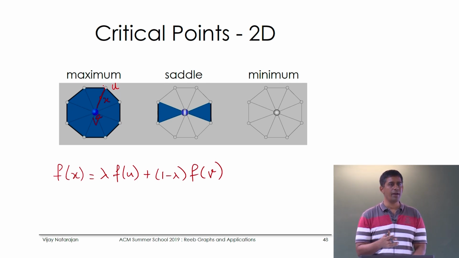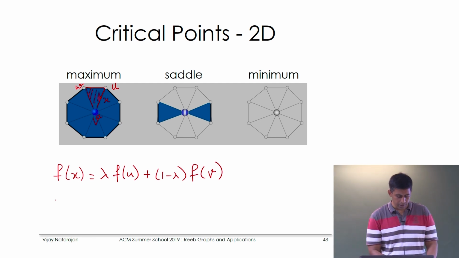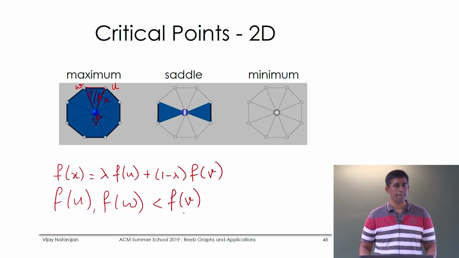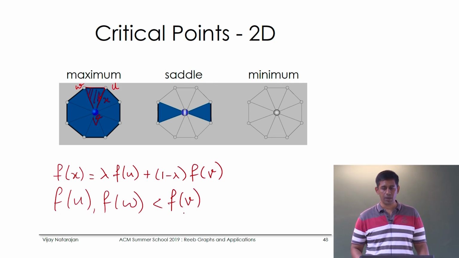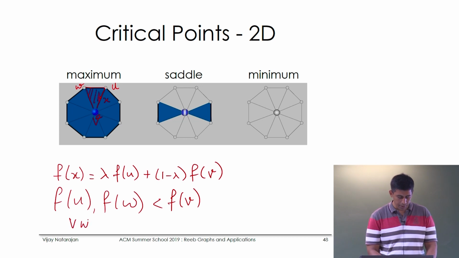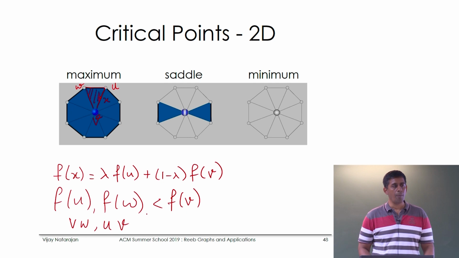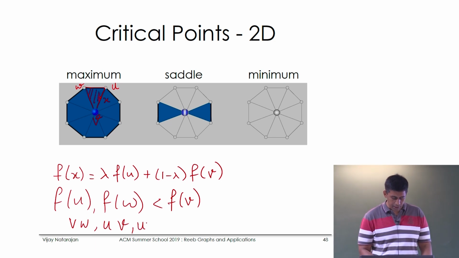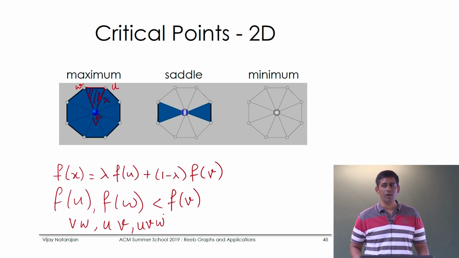That also means that for the triangle, if w and u both belong to the lower part of the star, so f at u and f at w are less than f of v, then all points on the edges uv, vw, and uw will also have function value less than that at v, and all points in the triangle will also have function value less than the value at v, right.